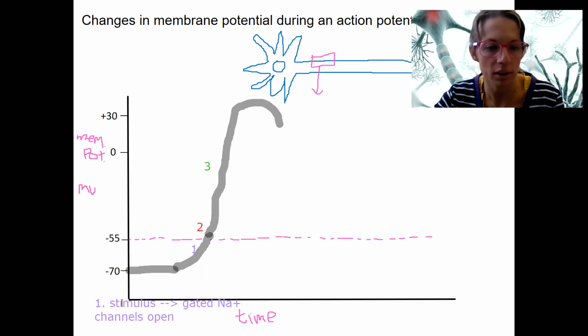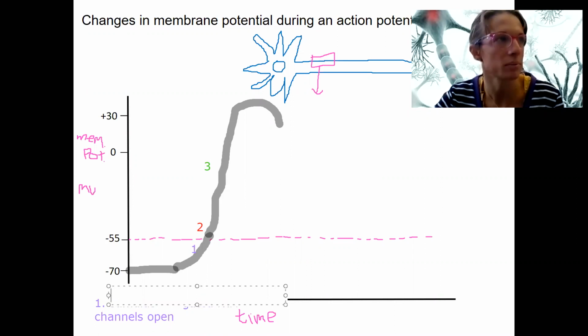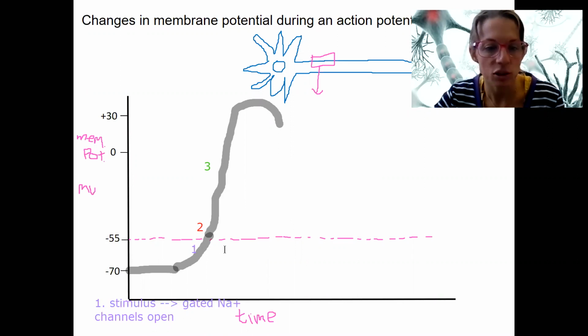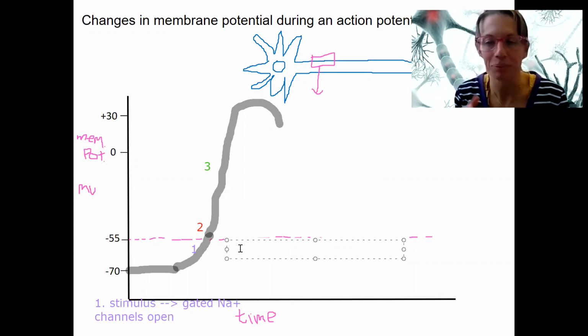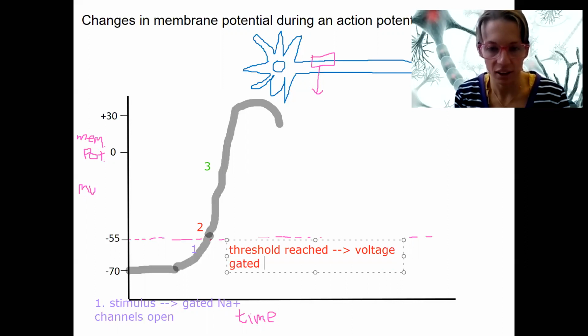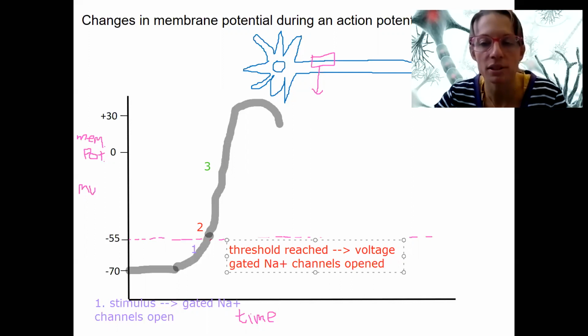So time point 1 was stimulus opened. Time point 2, that stimulus opened and was sufficient. Threshold was reached. This means the voltage gated Na+ channels opened. Once you reach threshold, the stimulus is different.